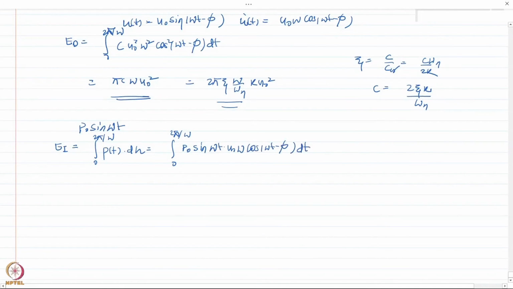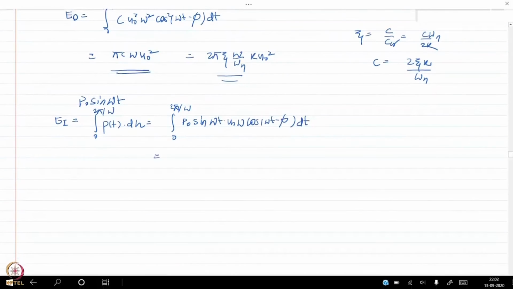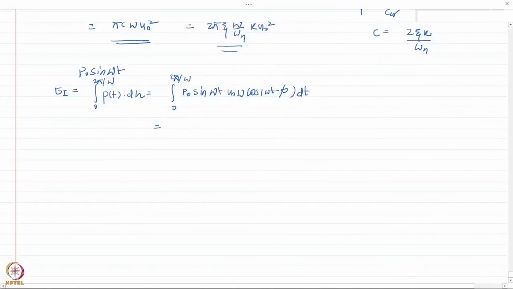You can integrate this expression over the limits and find the final expression. I'm just going to write it as pi P naught u naught times sine phi. And if you remember, the expression for tan phi was 2 zeta omega by omega n divided by 1 minus omega by omega n whole square, correct?